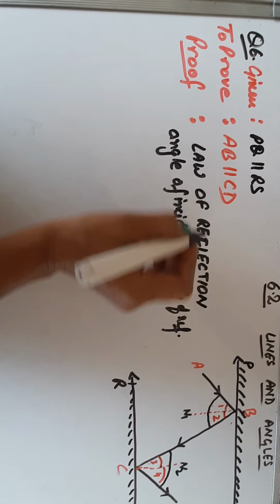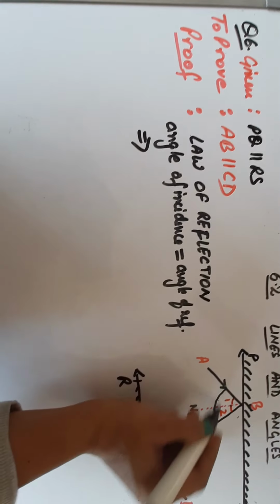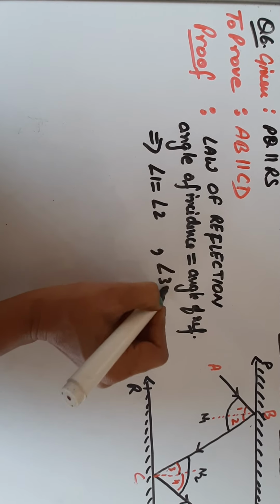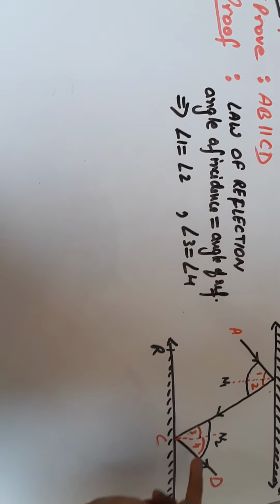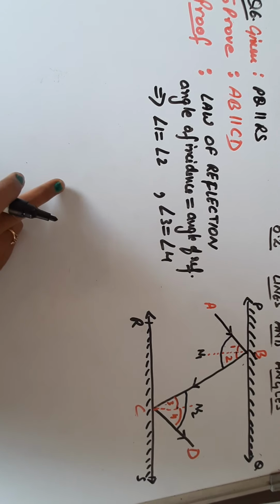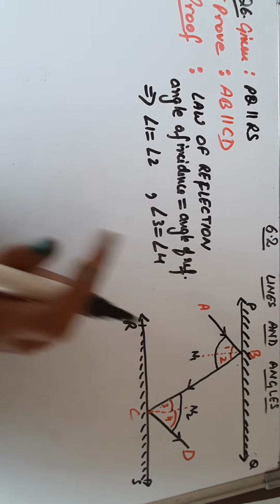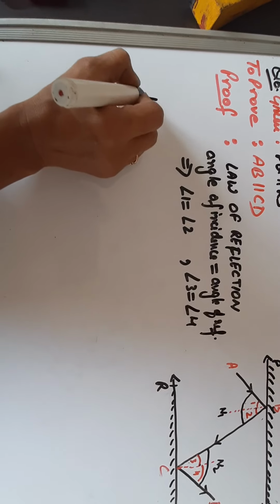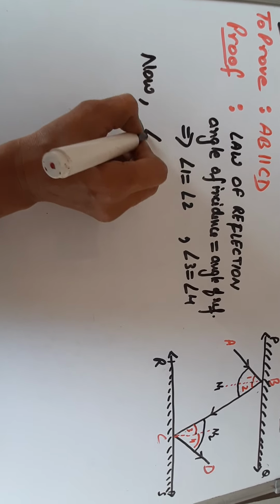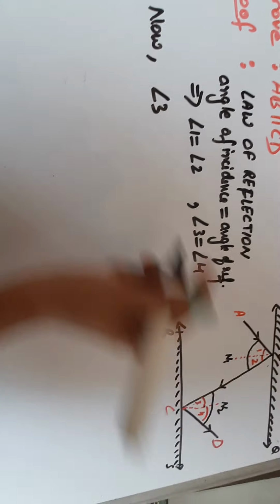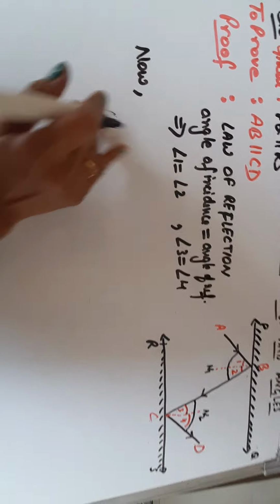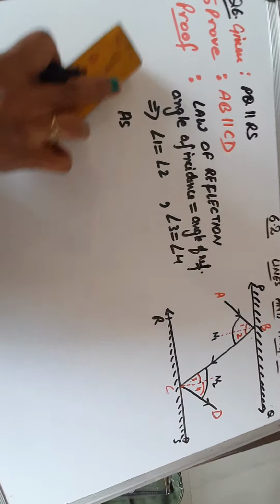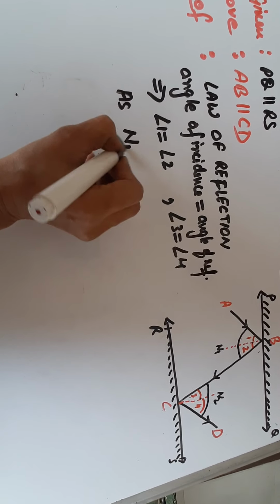So first of all let us use this. This implies angle 1 is equal to 2 and angle 3 is equal to 4, by using this law, angle of incidence is equal to angle of reflection. So right now, angle 2 is equal to 3.